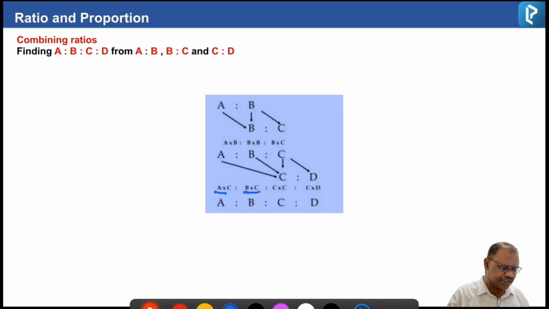Next, B into C gives the second term, C into C gives the third term and C into D gives the fourth term of the combined ratio. So these are the four terms, A is to B is to C is to D, of the combined ratio. In this way, we can combine any number of given ratios using the same procedure.